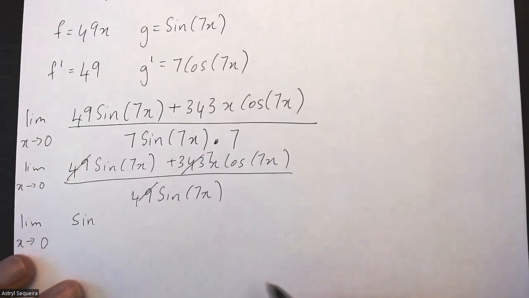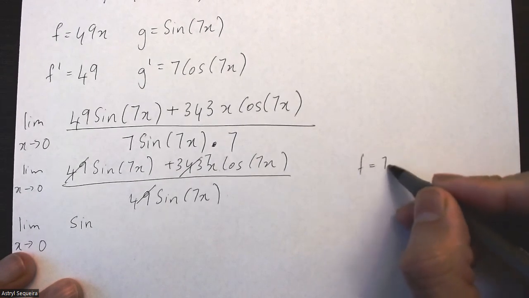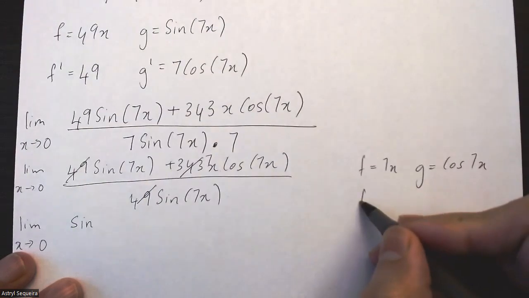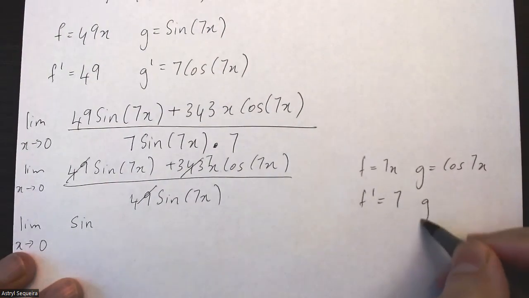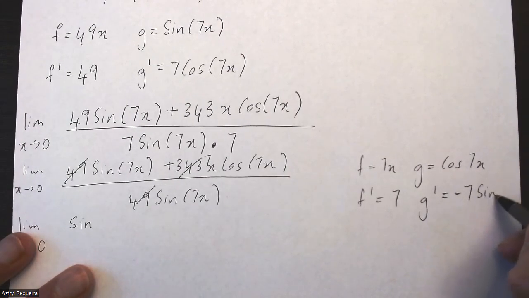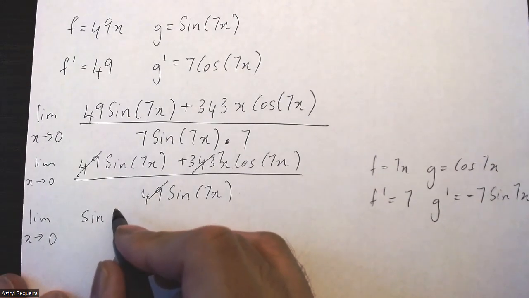Maybe I'll write the product rule on the side over here. So f equals 7x, g equals cos 7x, f prime is 7. I really hope this works. G prime is -7 sine 7x. So let's do this derivative hopefully one last time.